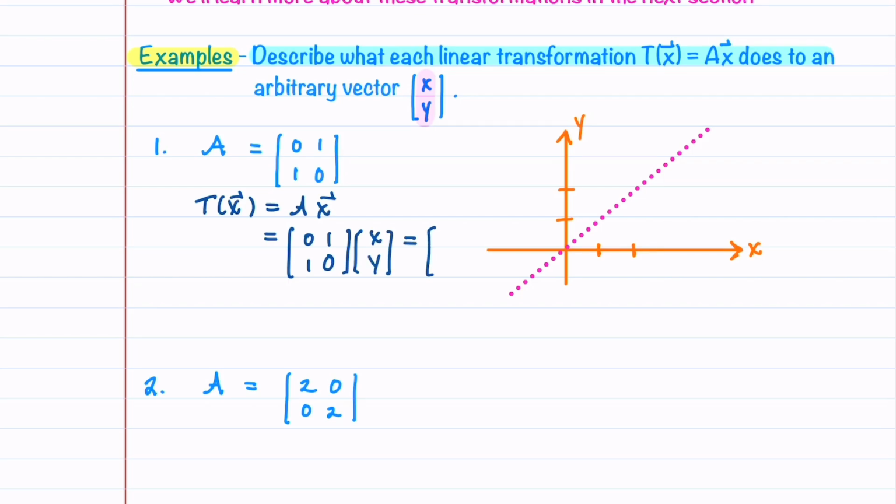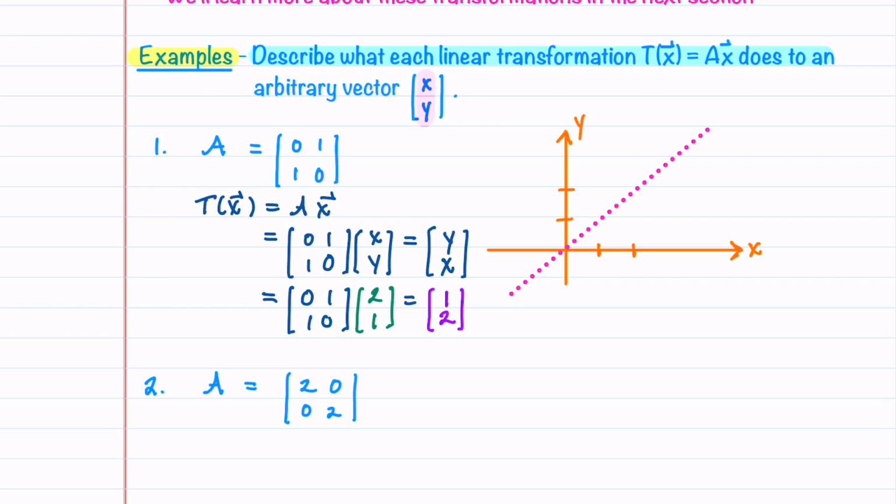This is equal to y and x. To see what this looks like on our graph, let's plug in a vector for x and y. We can choose that vector to be 2, 1. And then when we multiply it by our matrix A, we get vector 1, 2.